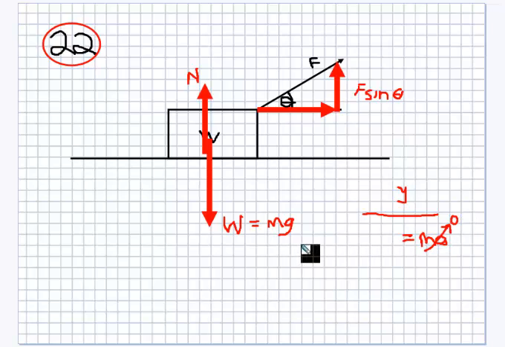So I would expect to see three forces here, a positive normal, a positive F sine theta, and a negative mg. And those three forces together should add up to a grand total of 0, and then your job is to solve for the normal force. Next question.